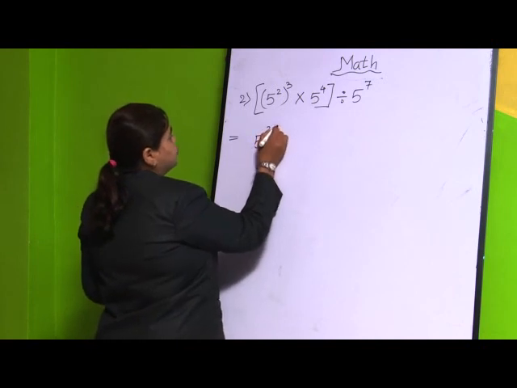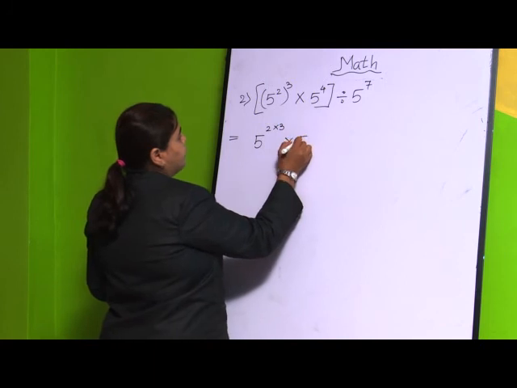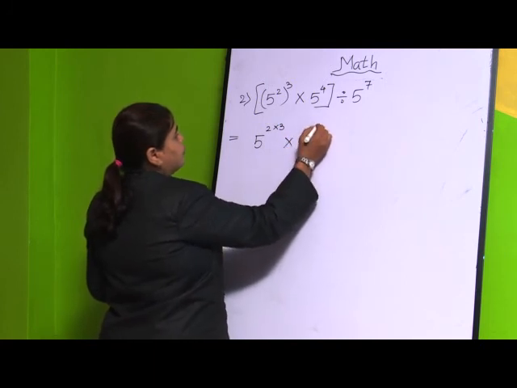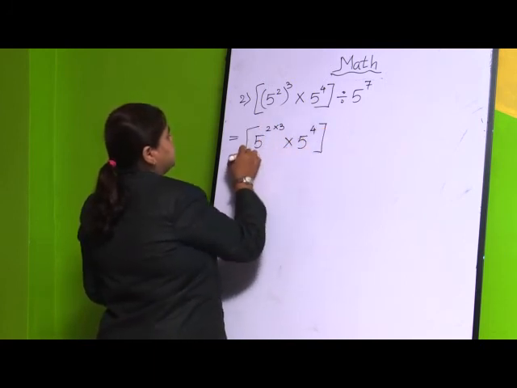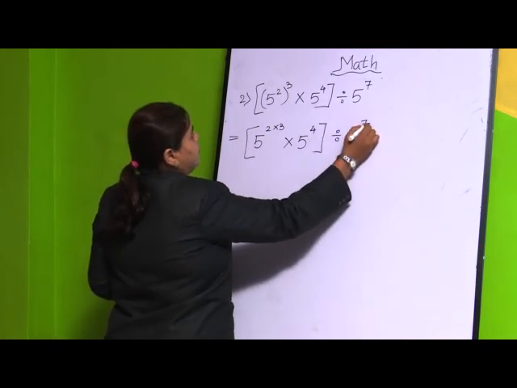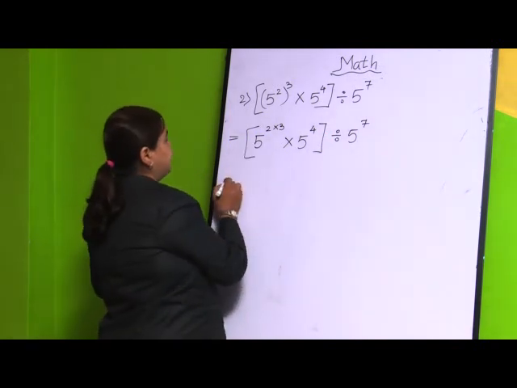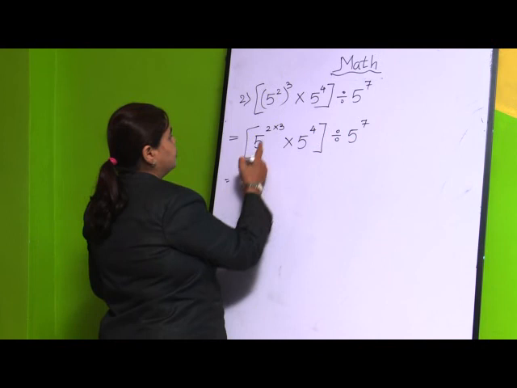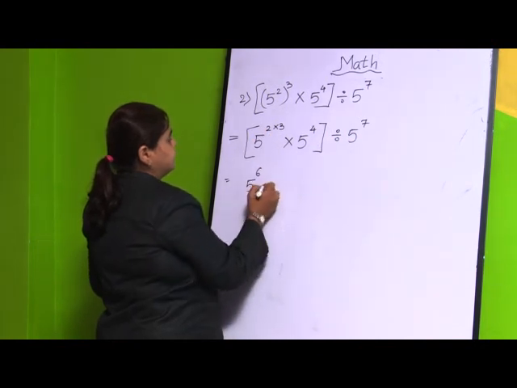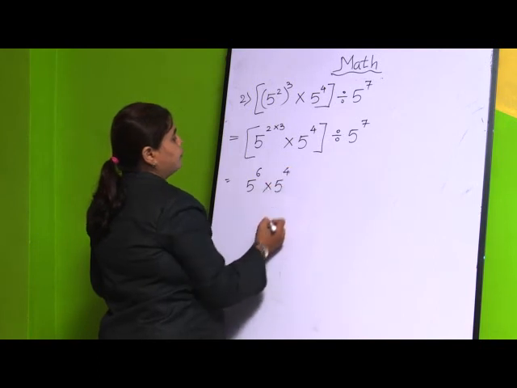First we will simplify the round bracket, that is, when power to the power, the powers are multiplied. So, we write 2 into 3, multiplied by 5 raised to the power of 4.